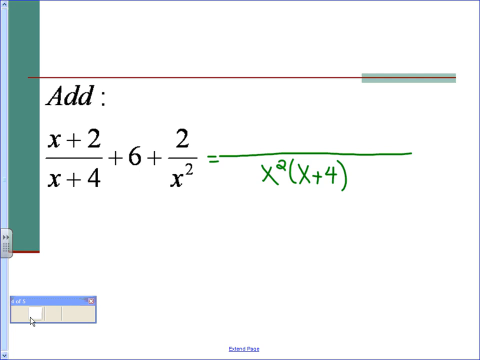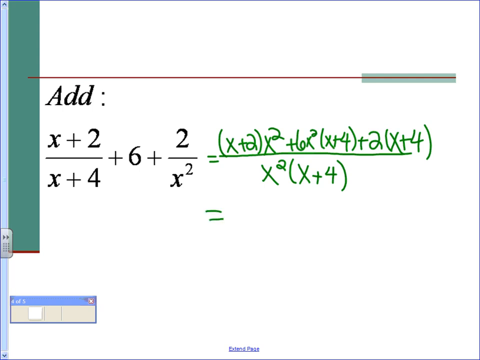Would I need to multiply the x plus 2 times anything? Okay. Do I need to multiply the 6 by anything? Do you agree? Does the 2 need to be multiplied by anything? Do you all agree so far?